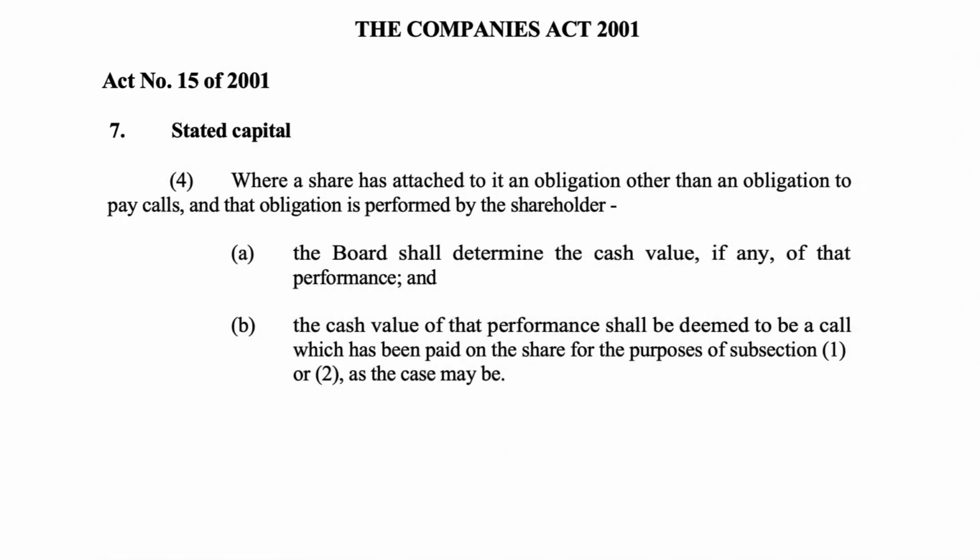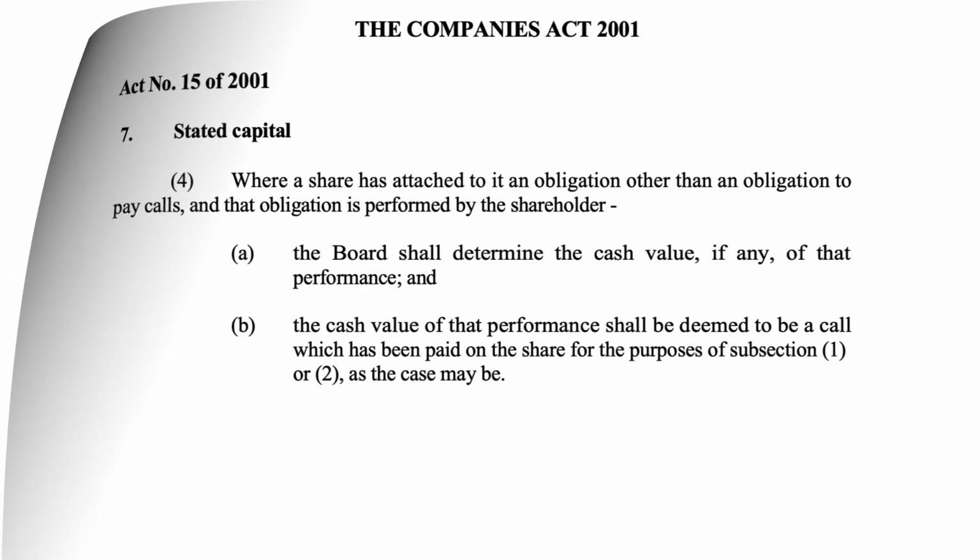And finally, subsection 4 asserts that if a share carries an obligation besides a duty to pay calls, and that obligation is fulfilled by the shareholder, A, the board shall assess the cash value, if any, of that fulfillment, and B, the cash value of that fulfillment shall be regarded as a call paid on the share for the purposes of subsection 1 or 2 as applicable.